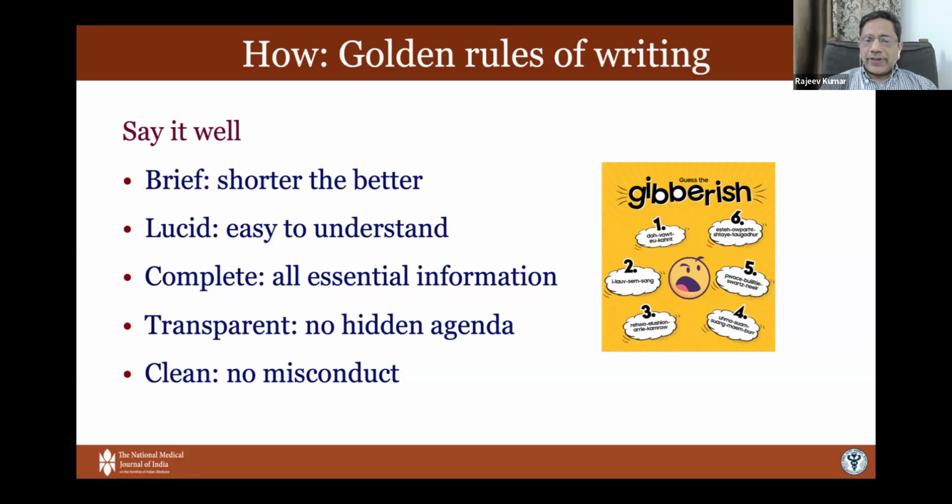Now, remember, if you are finding something difficult to understand, your reader or your reviewer is also going to find it difficult to understand. And it's equally likely that they are not going to accept what you said. So don't use high-flown English. Don't use words that you can't understand. Don't use complex sentence construction. Make it simple. Make your sentences short. Make it easy to understand language.